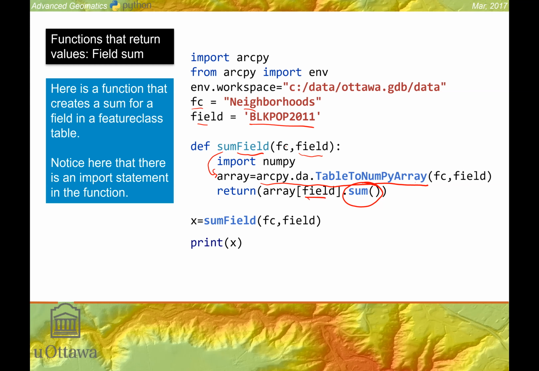So that's the quickest, most efficient way of doing something like that. The other way would, of course, be opening a search cursor, iterating over each of the records for a particular field, summing them, and then outputting the final sum value. That would be slower overall than this way. So this is a more efficient way to do this type of thing. So let's give it a try.